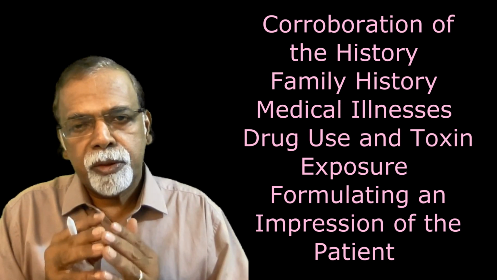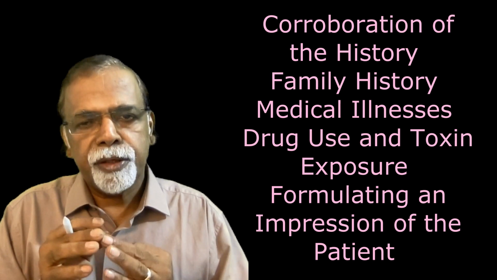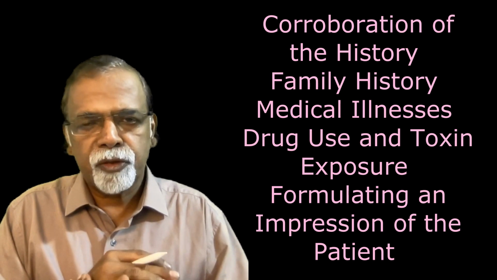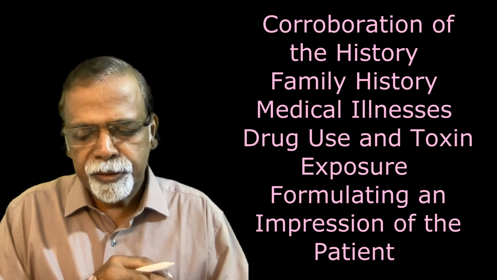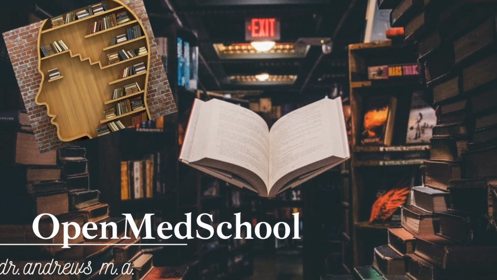And next, think about the medical illnesses the patient is having, like diabetes, hypertension, tuberculosis. I also mentioned the importance of family history, the medications, and drug and toxin exposure. The next session will be discussing the examination.